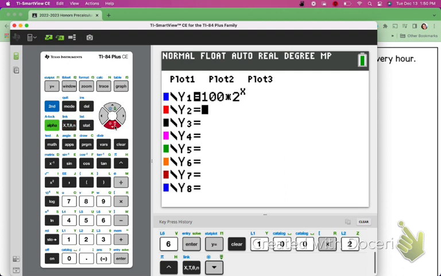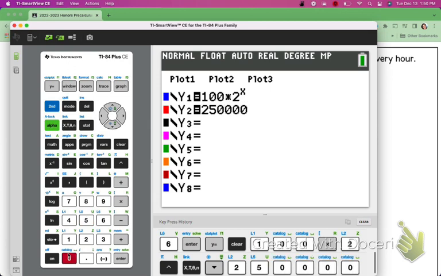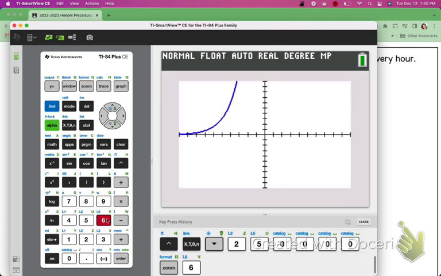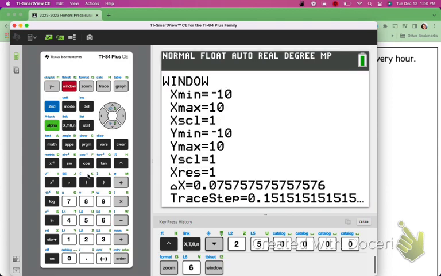And then I could type in my function on the left, which is just a horizontal line at 250,000. If I went to just a zoom 6, I'm not going to see it because that's just a 10 by 10 grid. I need my y to get up to a y max of maybe like 300,000.